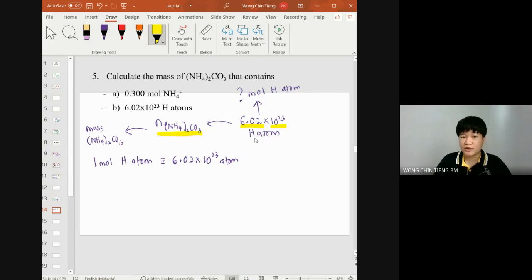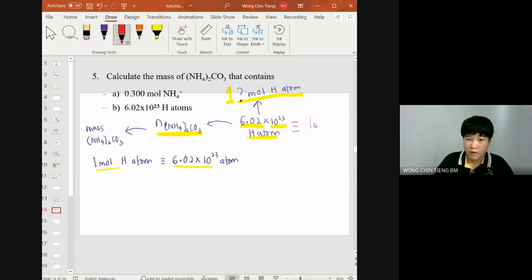Alright, tapi saya duduk dalam keadaan number of particles. Saya tak nak number of particles. So, saya cari number of mole. 1 mole of hydrogen atom equals to 6.02 times 10 to the power of 23 hydrogen atom. So, ni sebenarnya bersamaan dengan 1 mole hydrogen atom. Tak perlu buat apa dah weh. Sebab memang nampak gila terpampang dah. 6.02, 1 mole. So, in the other words, guys, this thing is equals to 1 mole of hydrogen.